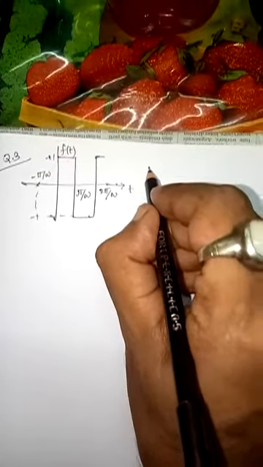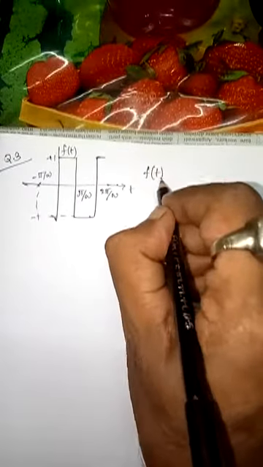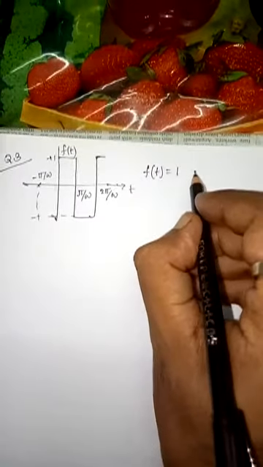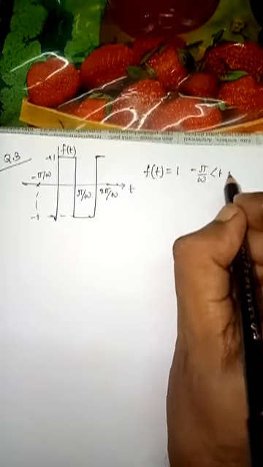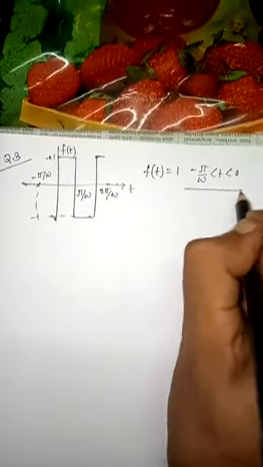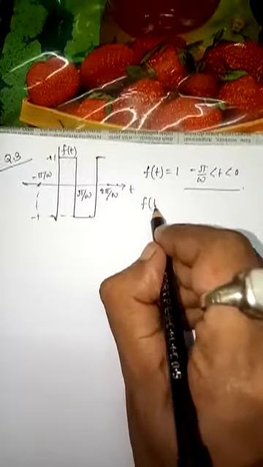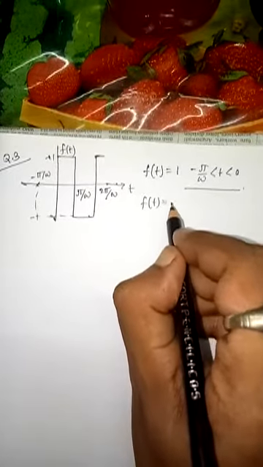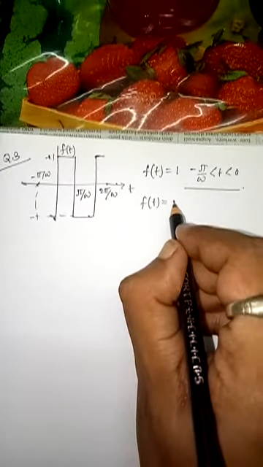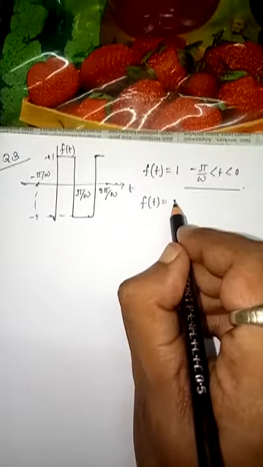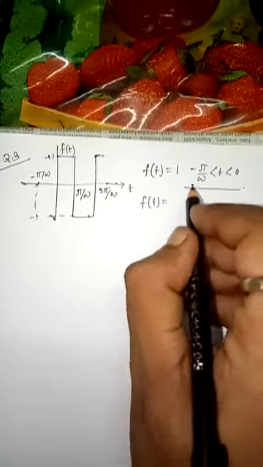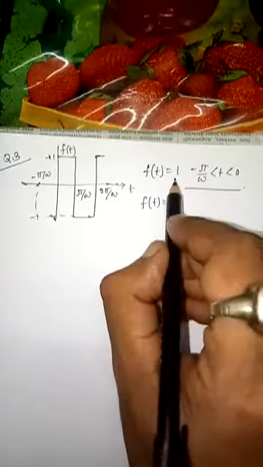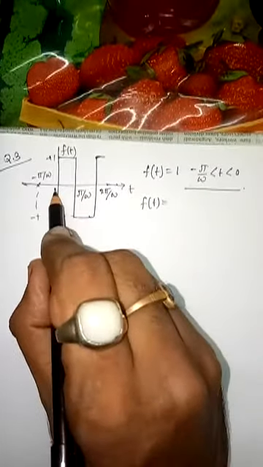Now what is the definition of the function? As you know, we have to write it first, that f of t equals 1 for minus pi by omega to 0, this, and f of t equals, sorry, f of t equals 1, this is 1, so 0 to pi.